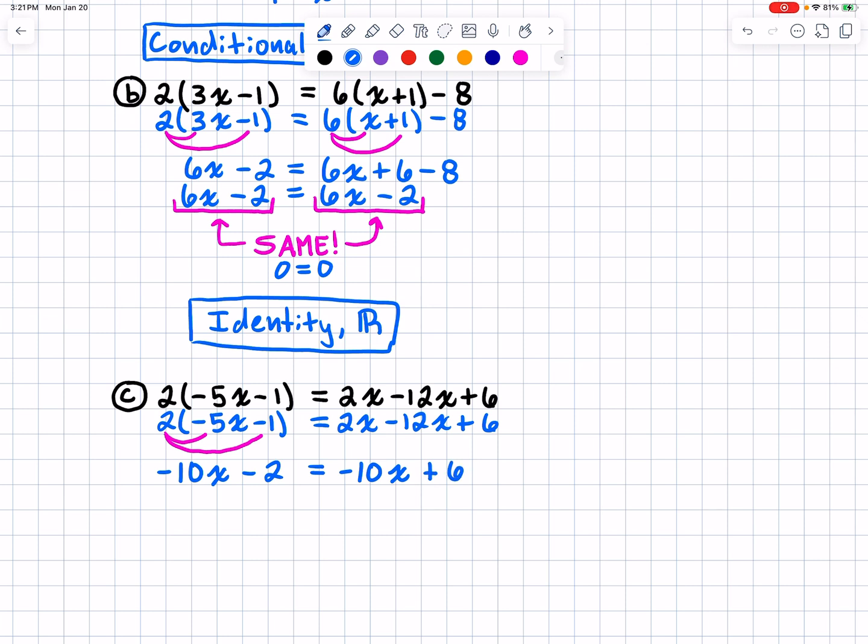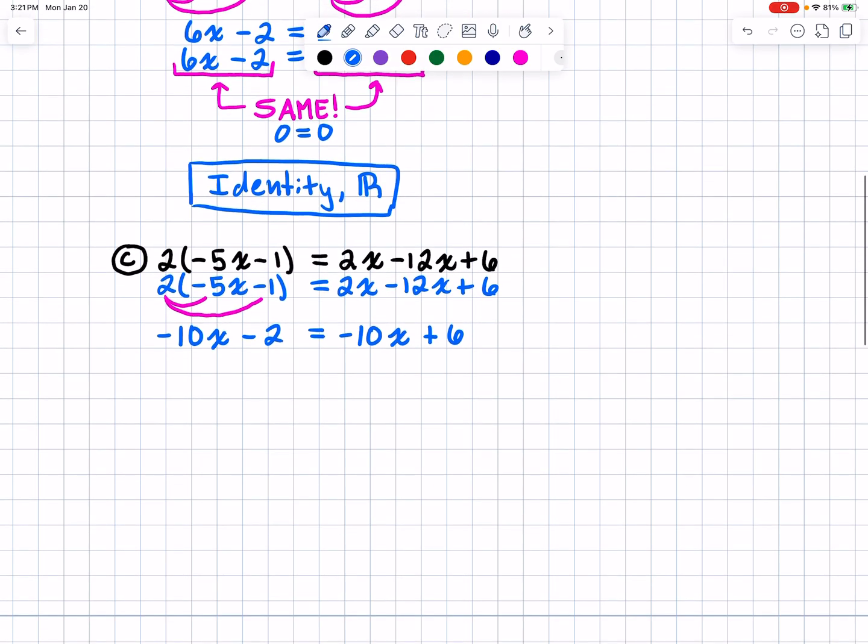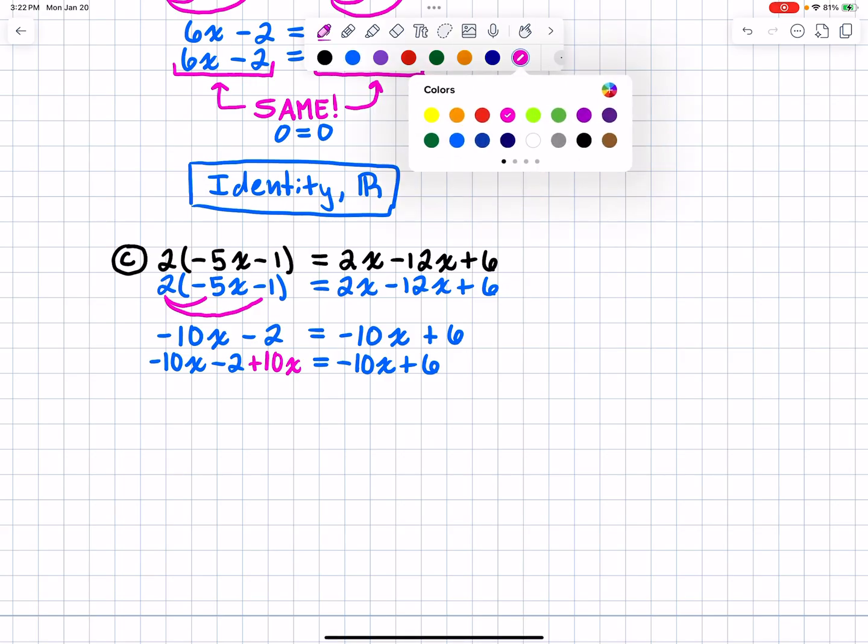Now I'm going to want to get all of my x's onto one side, so I'm going to add 10x to both sides. So I have negative 10x minus 2 plus 10x equals negative 10x plus 6 plus 10x.